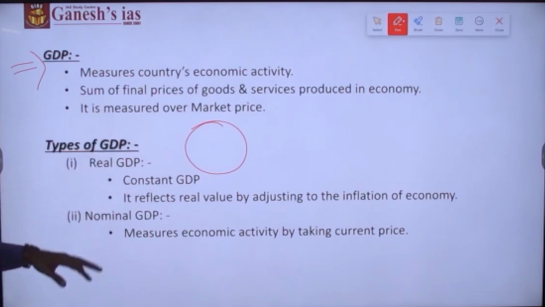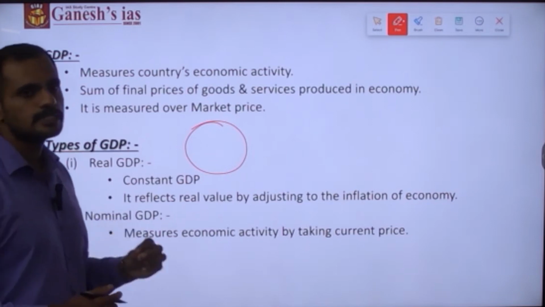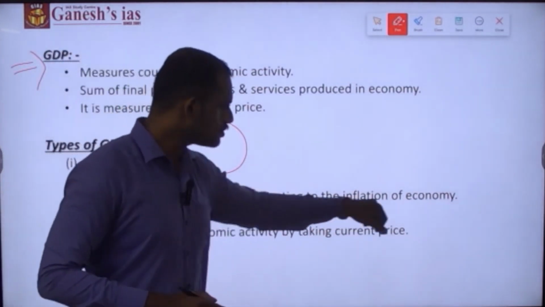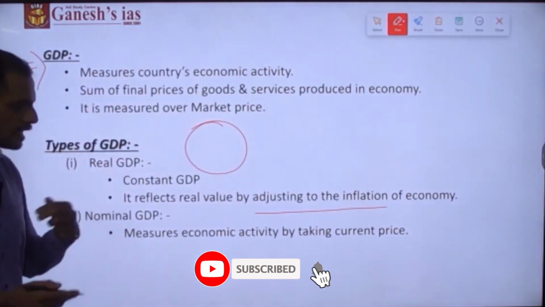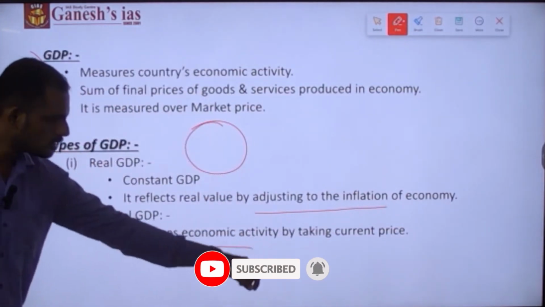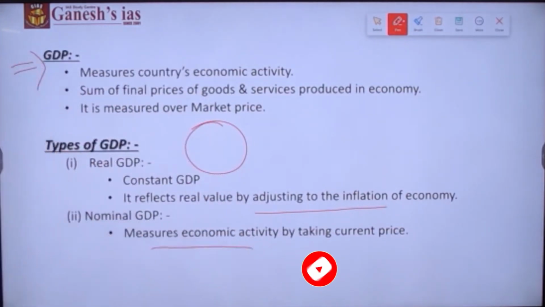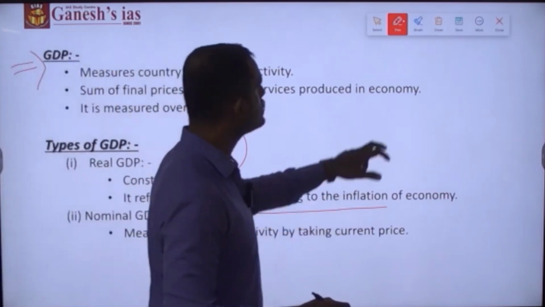And there are two types of GDP. One is real GDP and another is nominal GDP. The real GDP is called constant GDP. Why? Because it reflects the real production happening in the system by adjusting for the inflation of the economy. But nominal GDP measures the economic activity by taking the current prices present in the system.